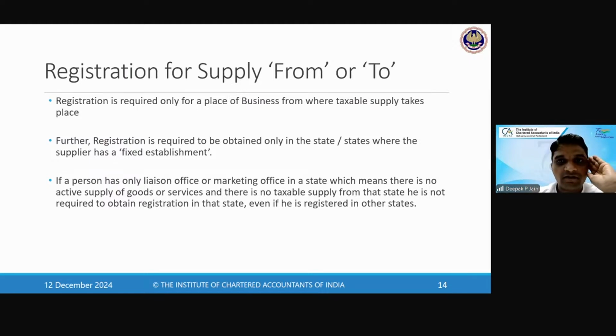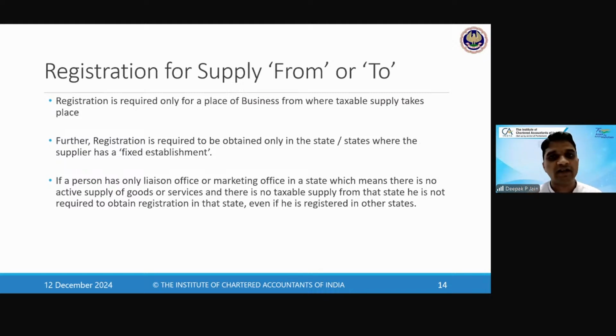What does this mean? First two parts you have understood. What is the threshold limit for job worker? You tell me. What will be the threshold limit for job worker, first of all? 20 lakhs.